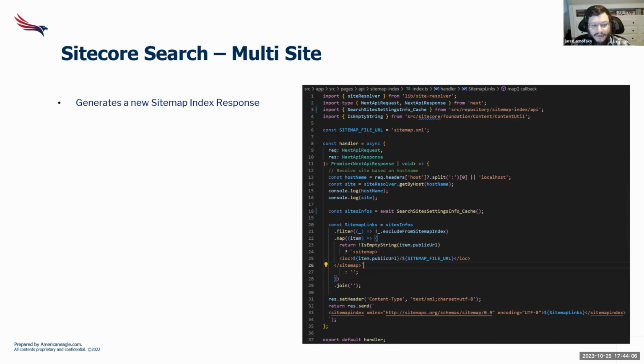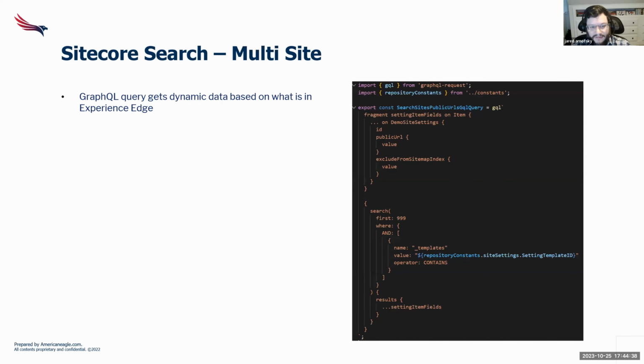So with all that said, that is what allowed us to use one sitemap index in a way that lets us dynamically add more sites to our collection. So anytime we added a new site and that site was published out to Experience Edge, caching aside, there might be some time where this query is not the most updated because it is cached.